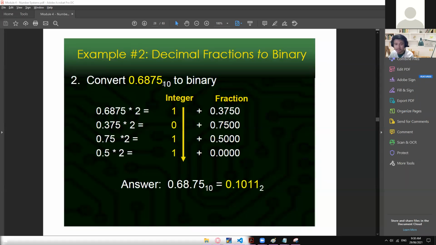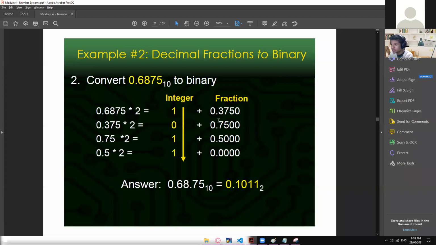It is still a fraction, 0.6875, and it is still asking us to convert to binary, so our multiplier is still 2. So 0.6875 times 2 gives us 1.375. You can simply use your calculator to avoid incorrect answers.